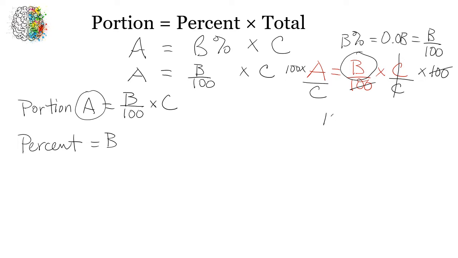So that's going to give me 100 times A over C equals B.